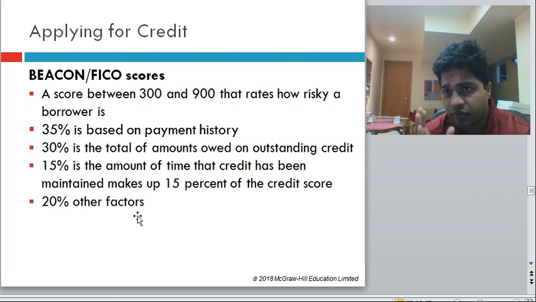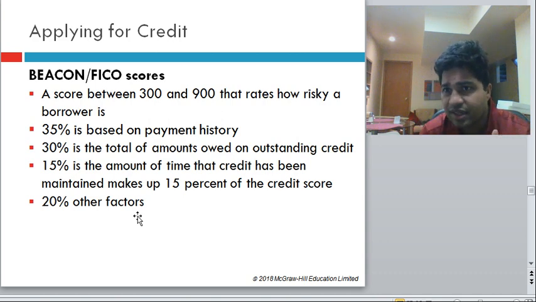So if you want to improve your credit score, you have to make your payments on time always. The second thing that you have to do, and this is tricky, is you have to have credit. If you don't have a credit card, your credit score doesn't improve. Ideally you should have two credit cards, because two credit cards give you a little edge.